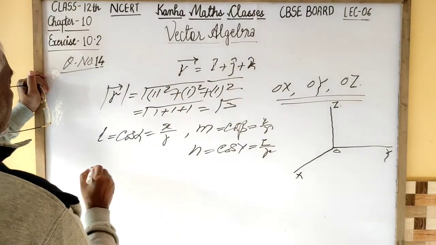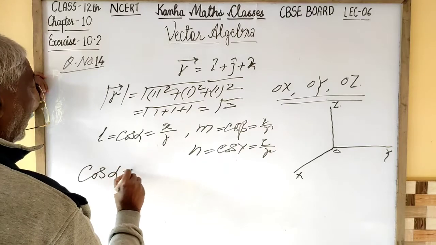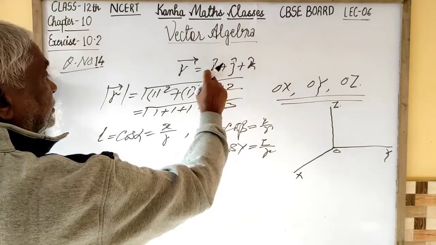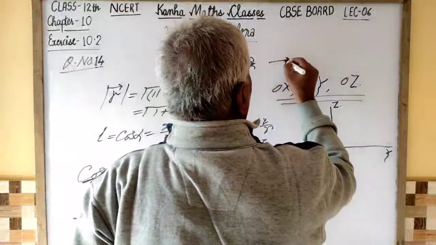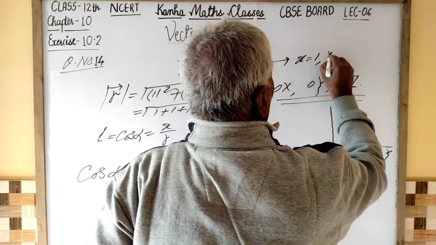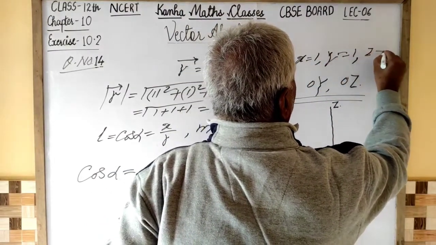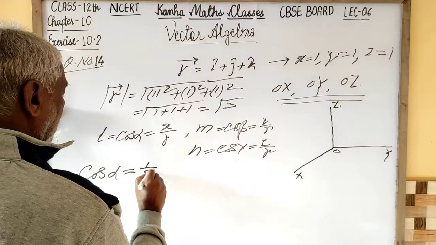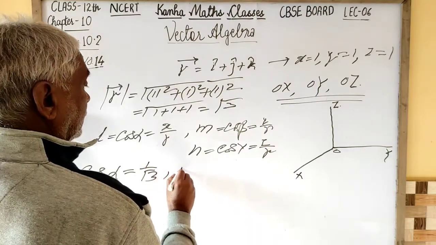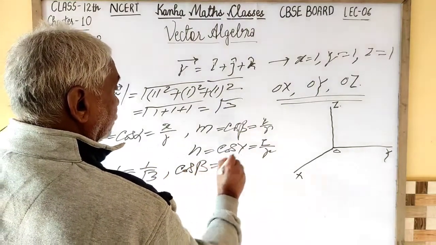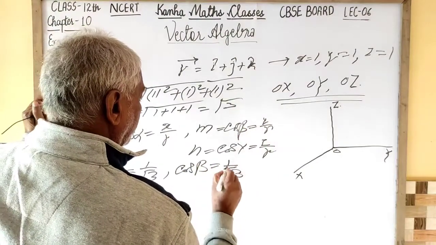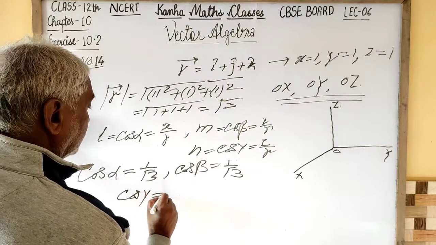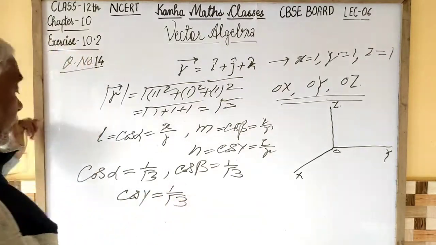Here x is equal to 1, y is equal to 1 and z is also equal to 1. Then cos alpha is 1 upon root 3, cos beta is also 1 upon root 3 and cos gamma is also 1 upon root 3.